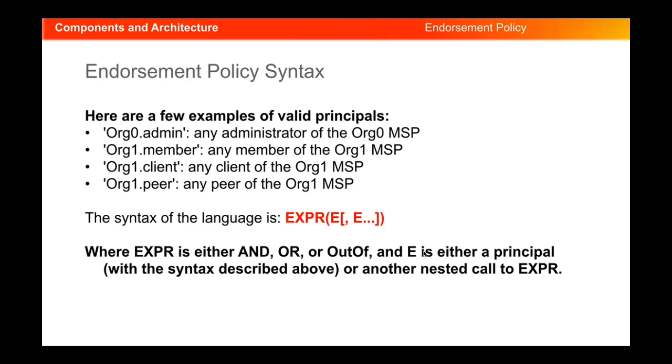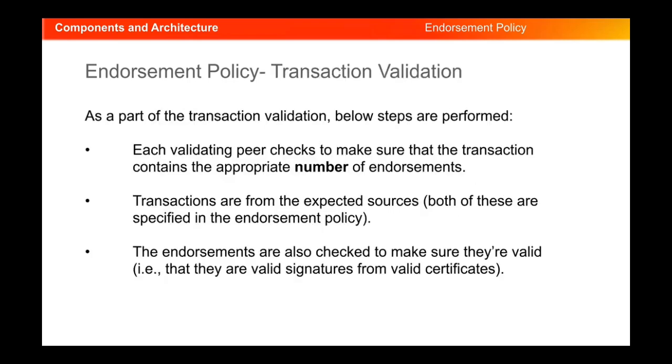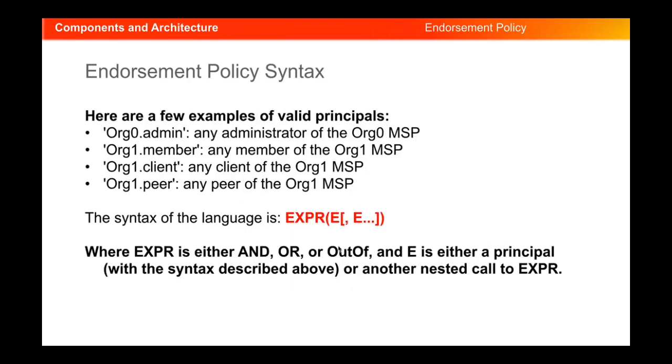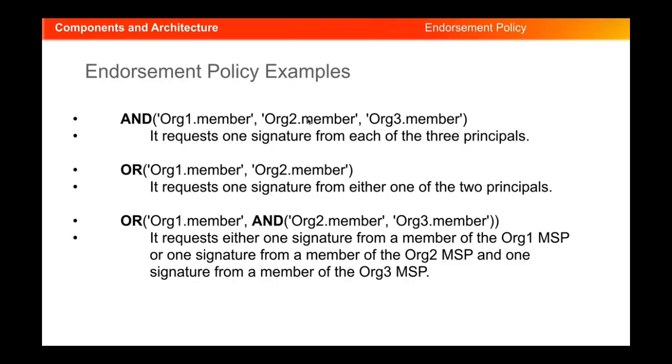Now let us see a couple of examples so that you can understand this policy syntax better. As we have seen, this is the expression which takes AND, OR, or another one which we have discussed, which is OutOf, right? So here we are having AND. So this is AND, open parenthesis, and after that you have arg1.member, arg2.member, arg3.member.